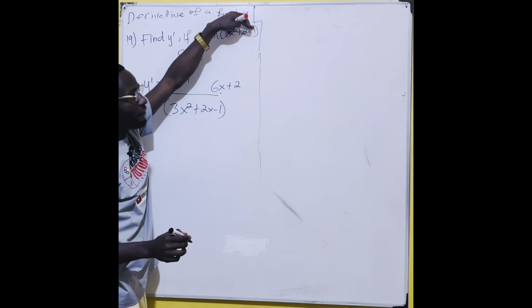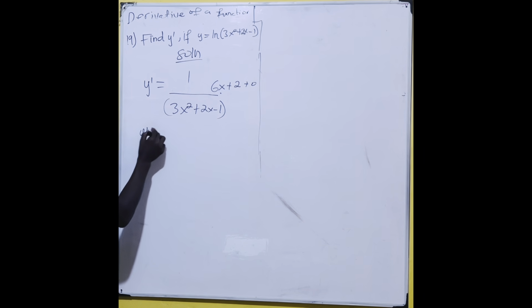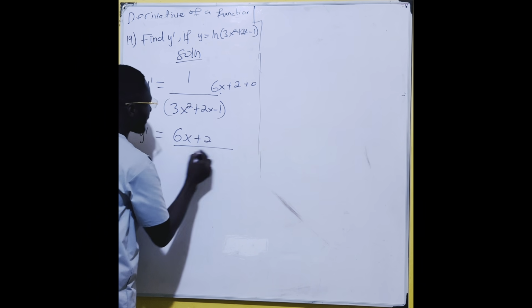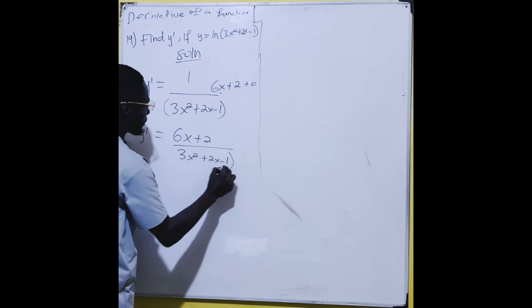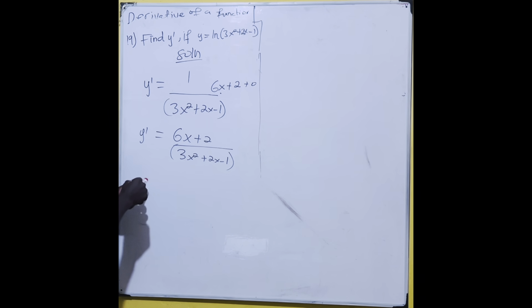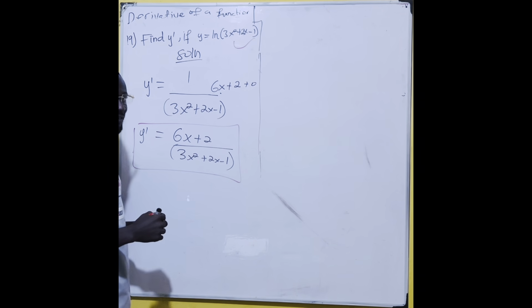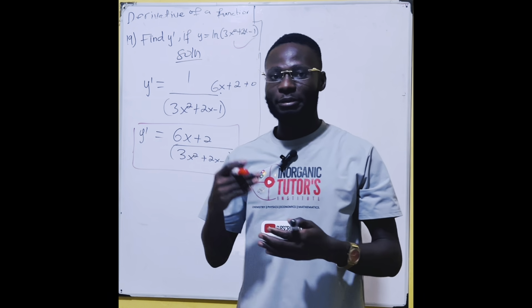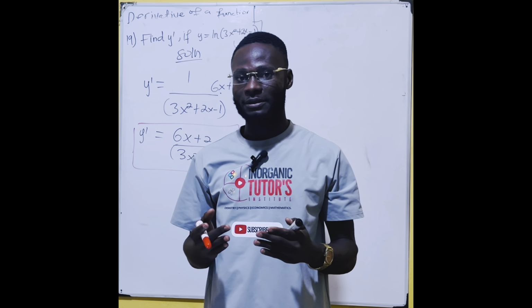Derivative of negative 1 is 0, right? So we have our first derivative to be 6x plus 2 divided by 3x squared plus 2x minus 1. So this becomes our first derivative to this particular problem. Very easy, right? So this is about mastering the problems. Once you master the process, every question becomes easy for you.